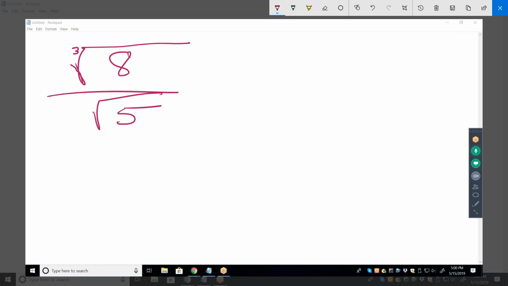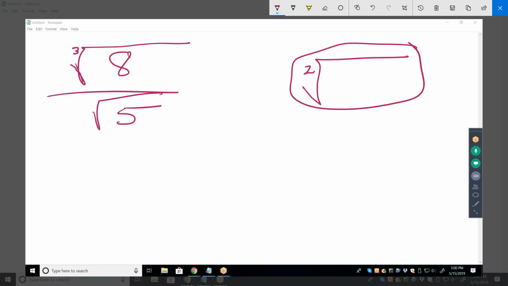Okay. Whenever you are writing the radical sign like that, there's an implied 2 right there. This means square root. So if you're going to take third root, you need to write a 3. If you're going to take the fourth root, you need to write a 4, and so forth.